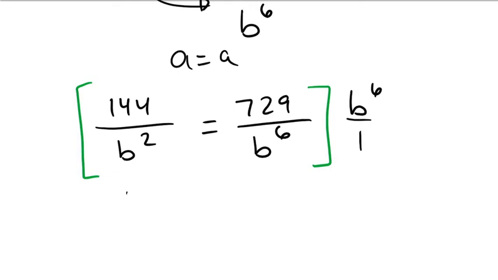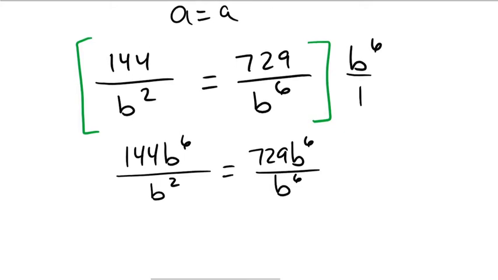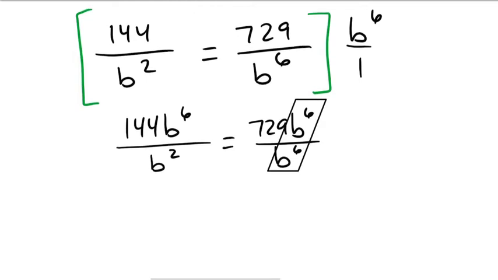If I do that, I get 144 b to the 6th power over b squared equals 729 b to the 6th power over b to the 6th power. Well, I can see on the right-hand side I have this giant 1 in the form of b to the 6th over b to the 6th.